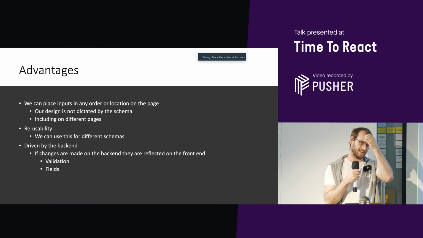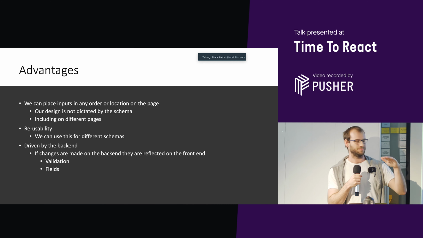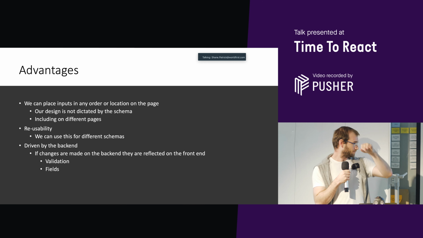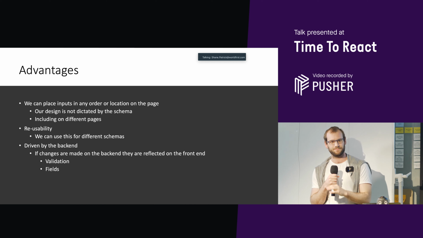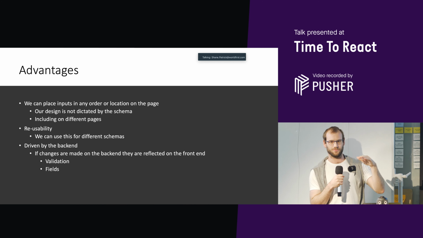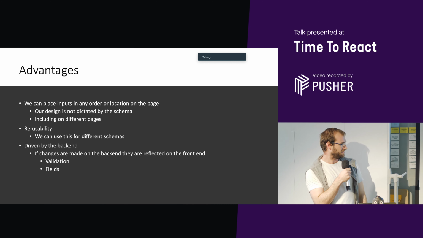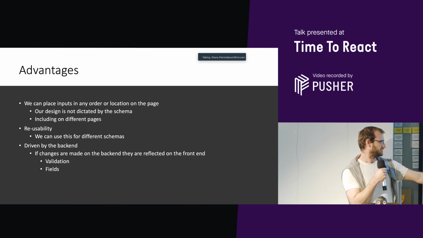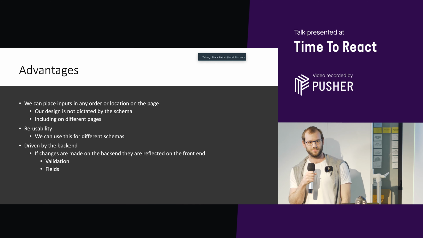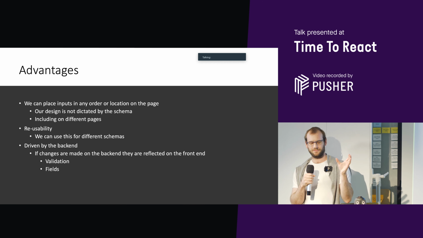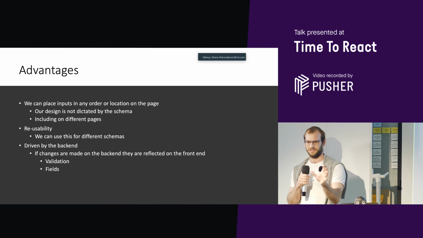It's dictated by where we put the input mapper. We can use this for different schemas. As long as it adheres to JSON schema, we can use the same code and it will work. And if somebody on the back end makes a change, they change the way something's validated, they change what fields are displayed, the code will adapt to those changes.